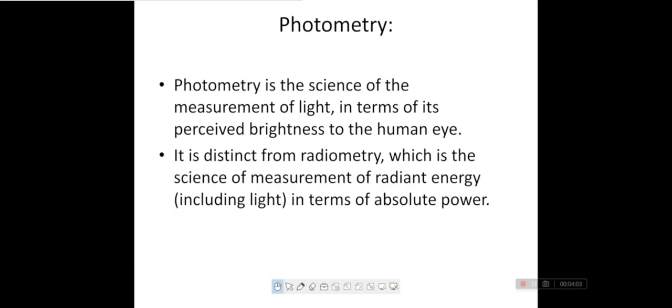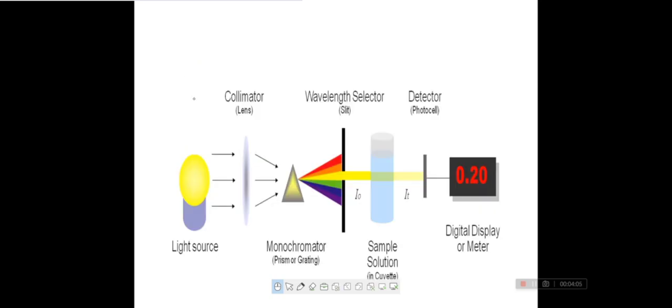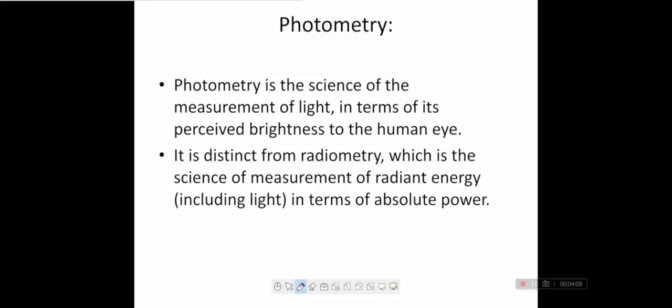From the name it is clear: photo means light, right?